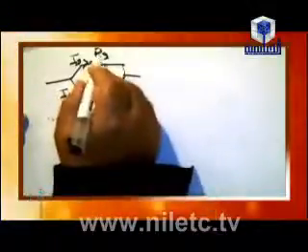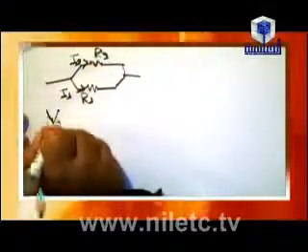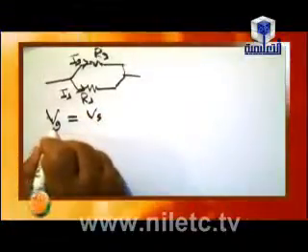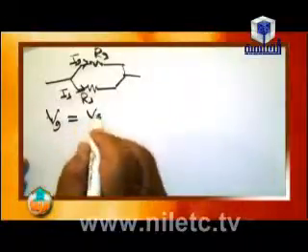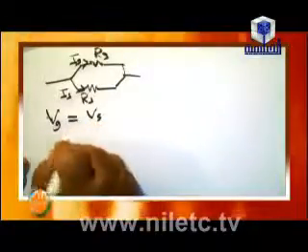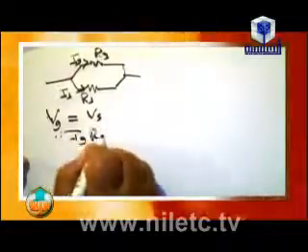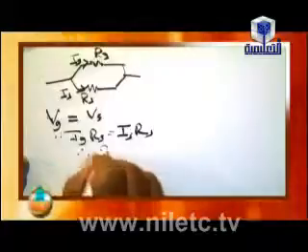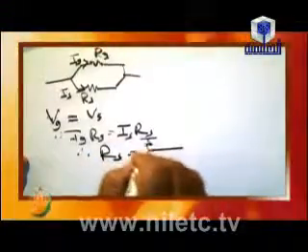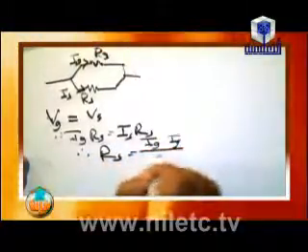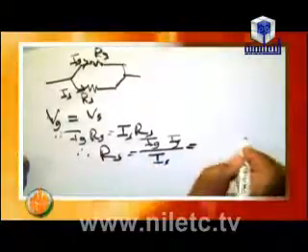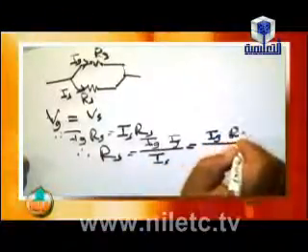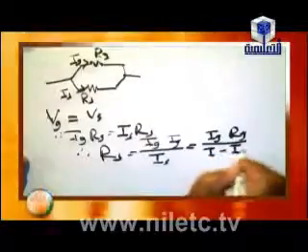Since RG and RS are in parallel, then VG equals VS. The two resistors are in parallel, so the voltage across the galvanometer is equal to the voltage across the shunt. Then IG RG equals IS RS, then RS equals IG RG over IS, or IG RG over I minus IG.